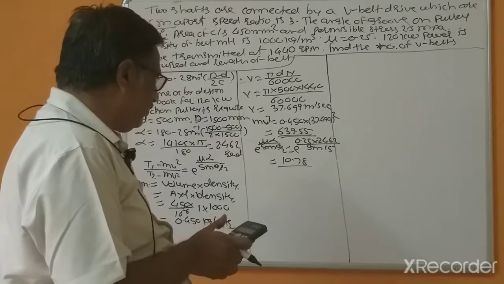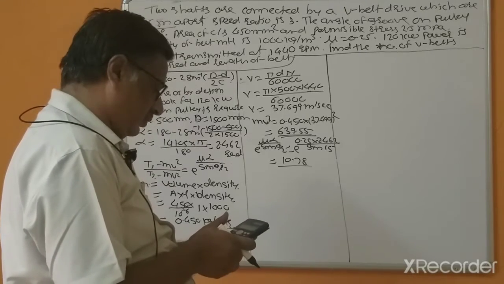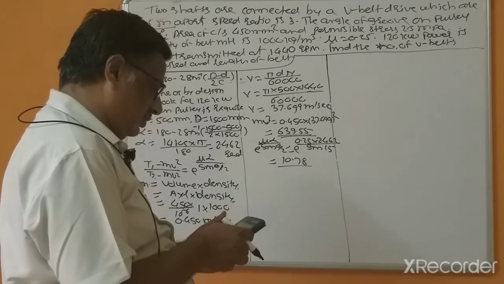And 0.25 into 2.462 divided by sine 15 directly.